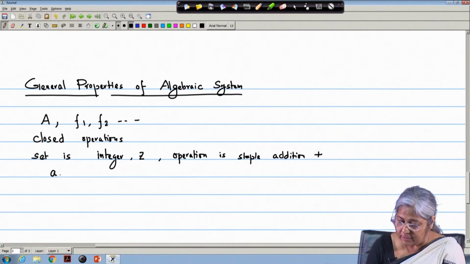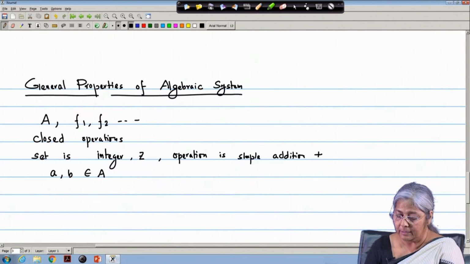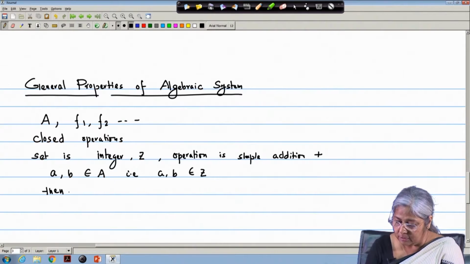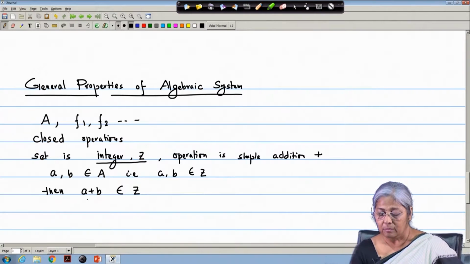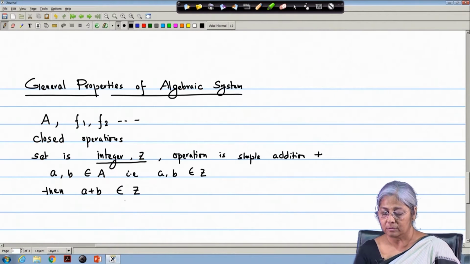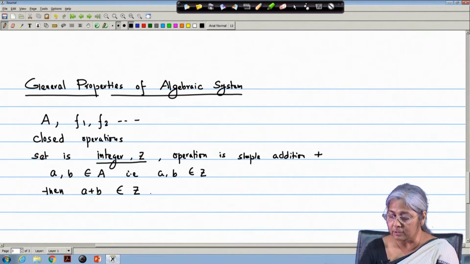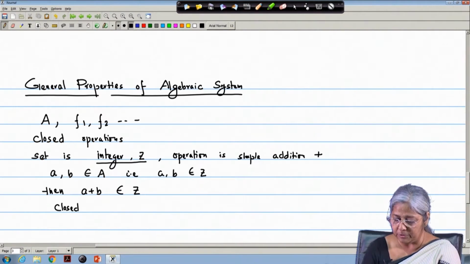If I take elements a and b belonging to Z, then a plus b also belongs to Z, because Z is the set of integers. So under the operation plus, the element we get, a plus b, also belongs to Z. This is called the property of closure, or this operation is a closed operation.